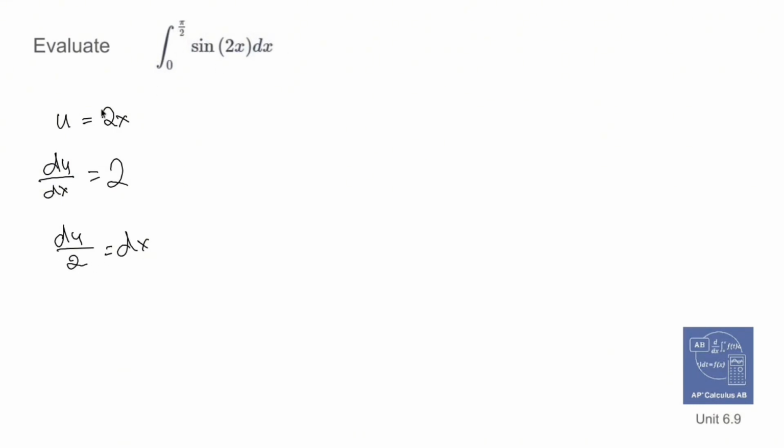Now we can put some stuff together and do some integrating with respect to u. So 0 to pi over 2, okay? Sine is still sine, but now it's of u. Dx now becomes du over 2, right? What I can do is rip out a half.